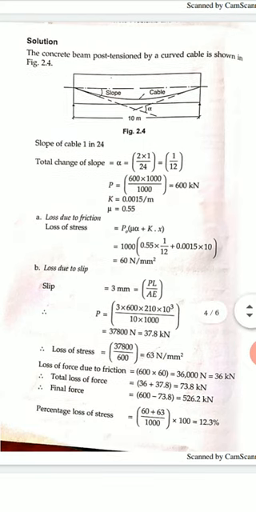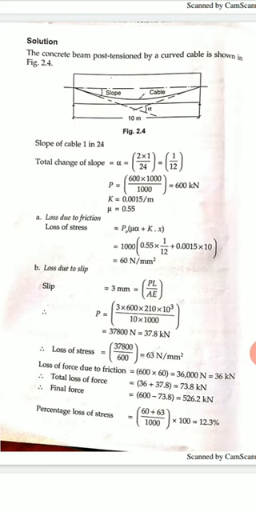So firstly let us estimate the loss due to friction. We can use the formula directly which we had in that summary sheet: P naught into bracket mu alpha plus kx. Substitute the values. Now P naught is what? It is the initial stress, not the force. Here we are finding loss in stress. Don't substitute 600 in place of 1000. We have to substitute the initial stress, that is P naught is 1000.